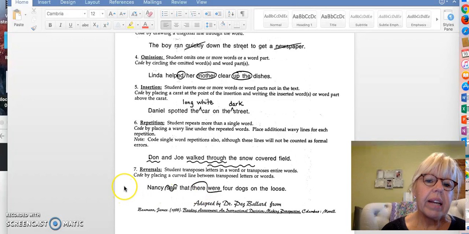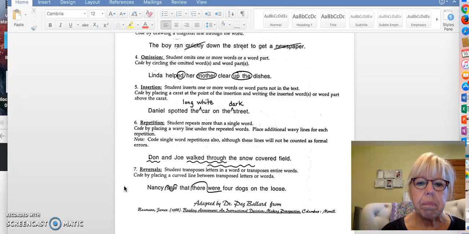Reversals are something, again, that are very common in beginning readers, and normally students will outgrow those reversals as their vision matures. That normally comes to an end by the end of third grade.